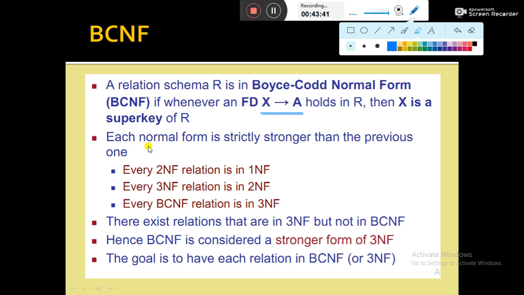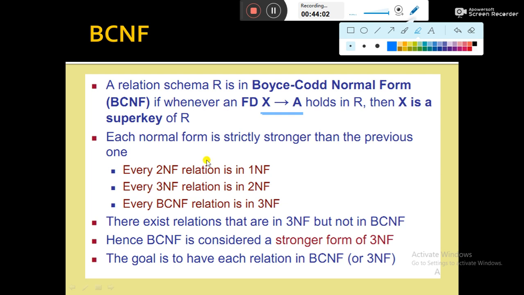And as usual, each normal form, meaning 1NF, 2NF, 3NF, BCNF, is strictly stronger than the previous one. Every 2NF relation is in 1NF, meaning if a relation is in 2NF, then it must be in 1NF. Similarly, the same is applicable for 3NF and BCNF.